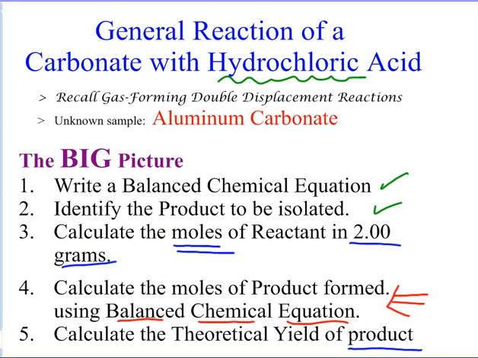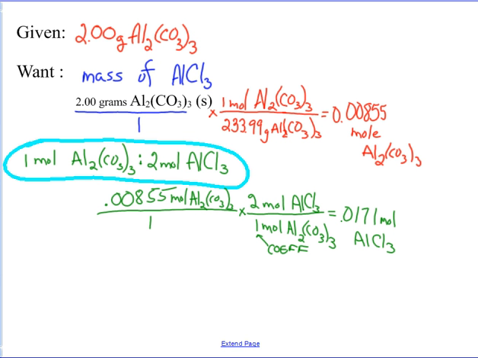Our final step is pretty simple. Once we know the moles of the product formed, then we can calculate the mass of the product formed. That is called the theoretical yield. That assumes that everything goes perfectly in a lab. And of course we know how that is, but the point is we're doing a calculation to predict the mass of the product formed. So I take my moles of aluminum chloride that I've calculated, 0.0171 moles of aluminum chloride, and how do I go to grams?